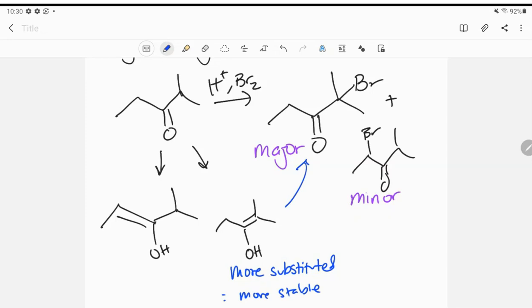If we use the other enol, we get the minor product because the double bond there is going to attack the bromine and it'll be on the left side of the molecule, right? So the major product for acid catalyzed halogenation will arise from your more substituted enol, which will be the more substituted side of your ketone.